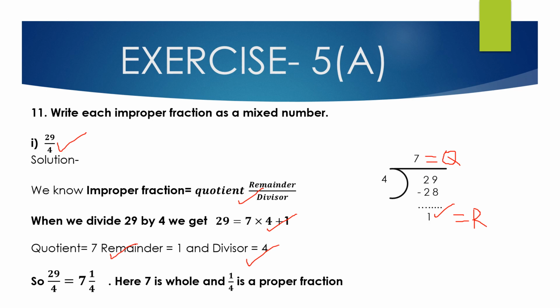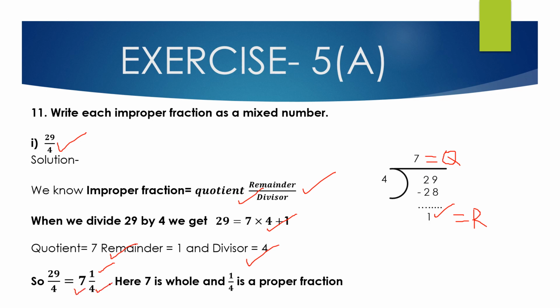So 29 divided by 4 equals quotient, remainder divided by divisor. Quotient is 7, remainder is 1 and divisor is 4. So 29 divided by 4 equals 7, 1 divided by 4.